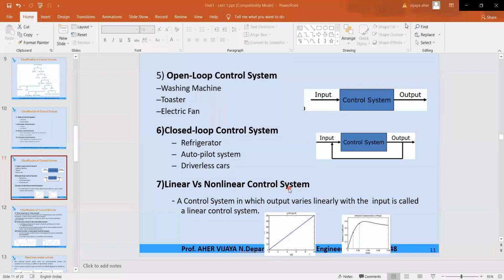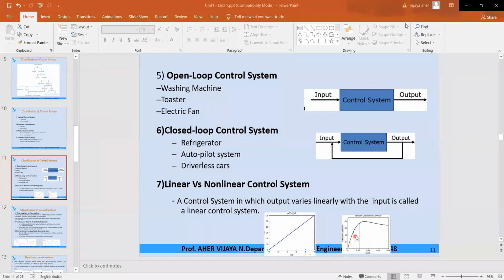In a non-linear control system, there is no linear relation between input and output variable. So your output is not varying linearly with applied input. The plot is shown here.